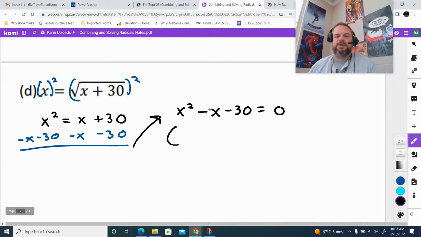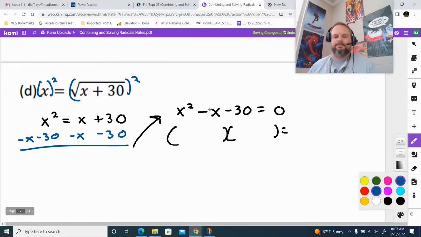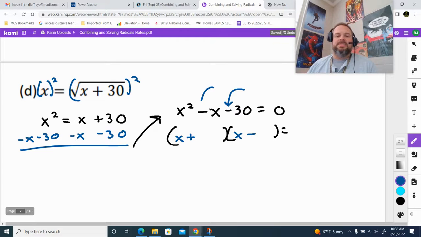All right. We go to factor. This tells us our signs are different. This tells us our bigger number is negative. What two numbers, when we multiply them, we get negative 30, but when we combine them, we get negative 1?